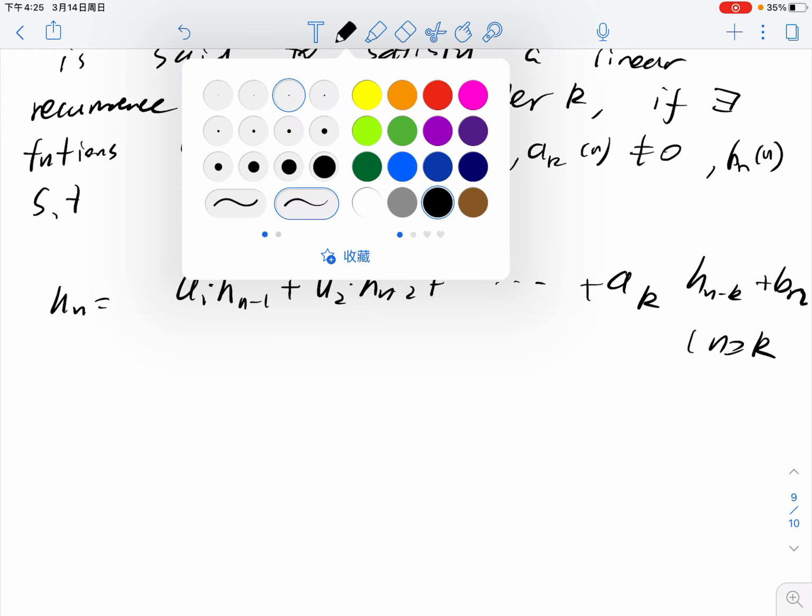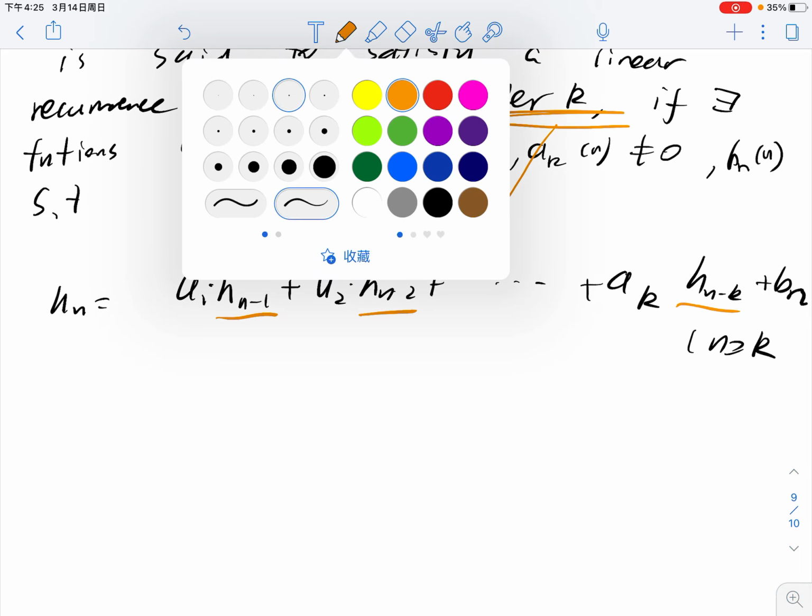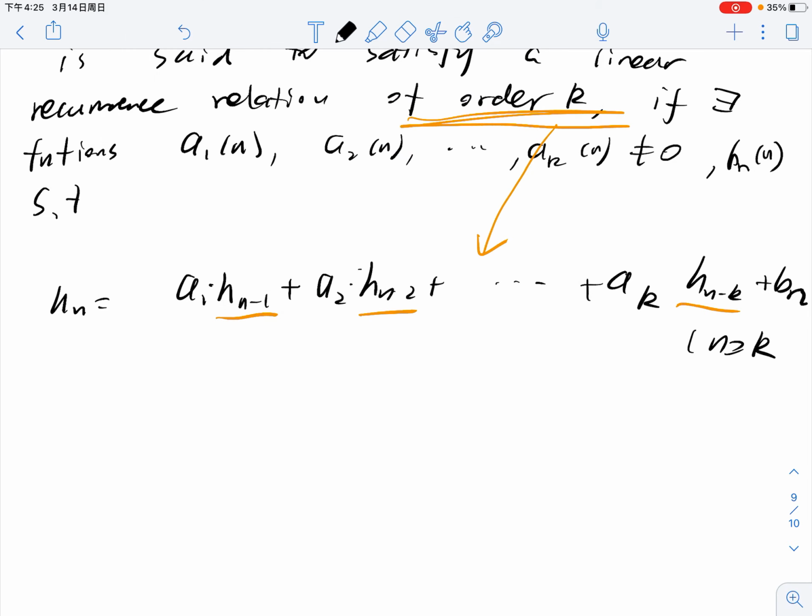Okay, and recall that order k means the formula relies on k pieces of data from previous items.